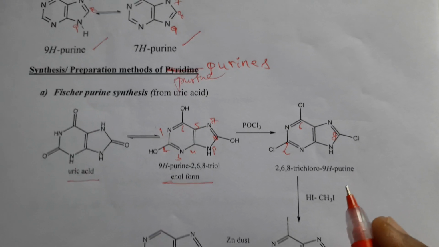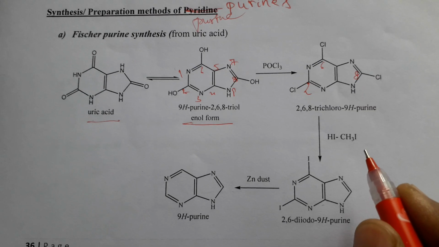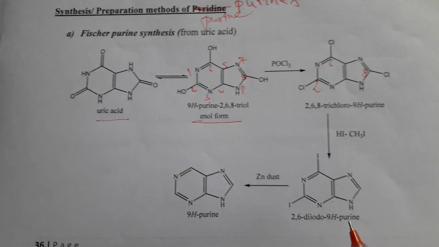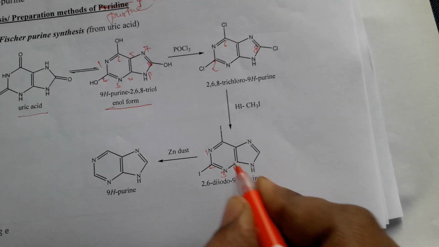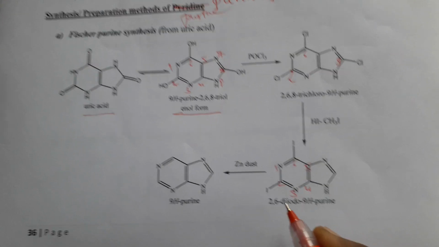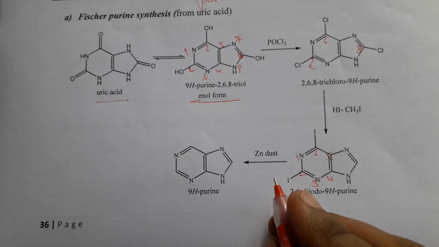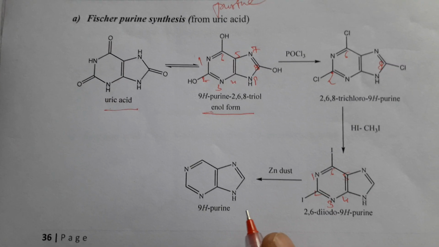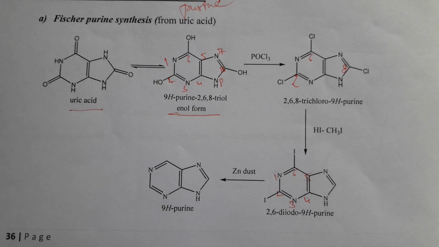And further, this 2,6,8-trichloro 9H purine, on treatment with hydroiodic acid and methyl iodide, gives 2,6-diiodo 9H purine. Further, on treatment with zinc dust, it gives purine by the removal of iodines. This is the Fischer purine synthesis.